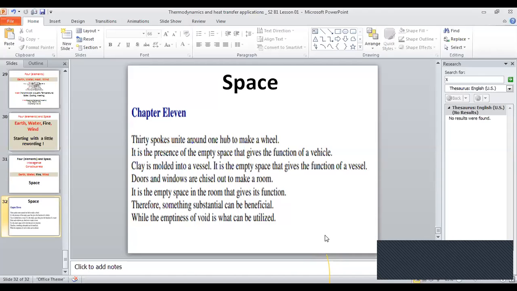Space to put the rice and water to cook the rice. So everywhere you should see the space. Can you see the space in the car? That's why you need the brain to see the space.